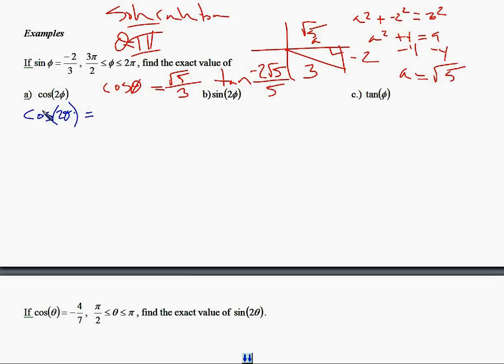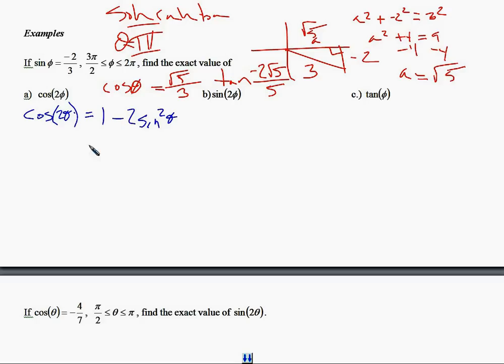So since I'm asked for the cosine of 2 theta, and I have the sine, that's what was given to me, I can use the identity that cosine of twice the angle equals 1 minus 2 times the sine squared of the angle.